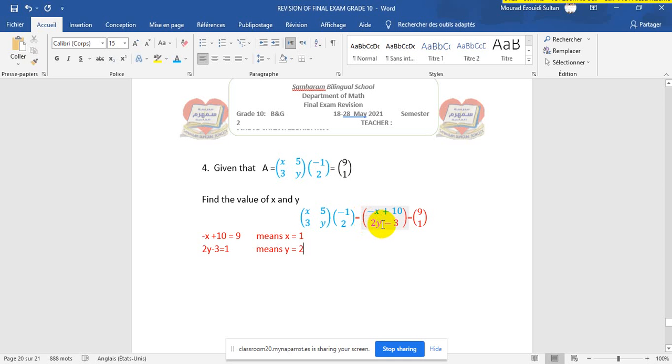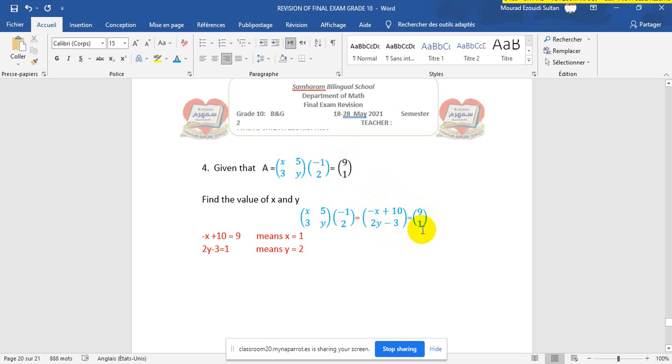Then after finding the product, now I will equate both matrices. Means this product should be equal to what you can see from the beginning of the question, is equal to 9 1. So we will say that minus x plus 10 equal 9 and 2y minus 3 equal 1.